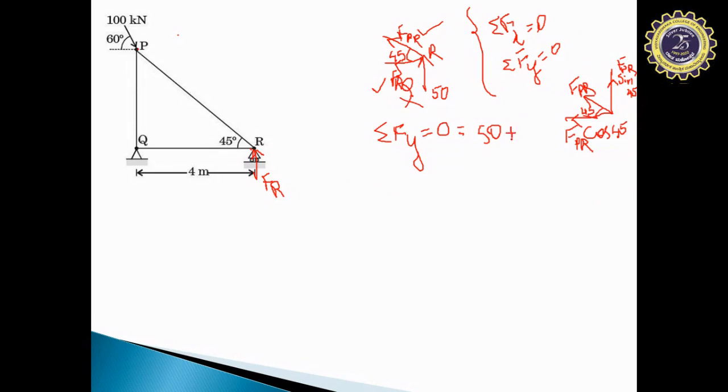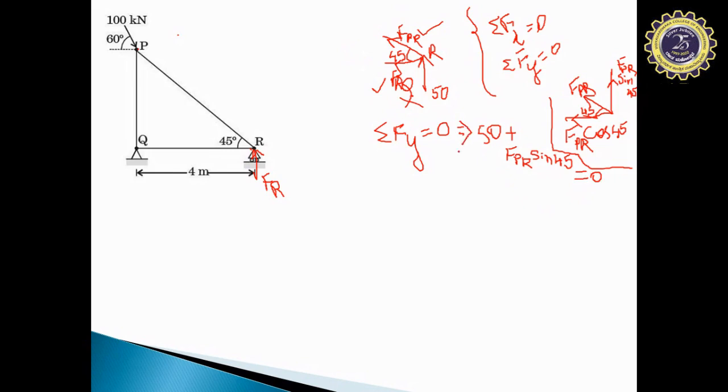So, plus FPR sine 45. Is there any other force here which is vertical in nature? No. So this will be equated to 0.